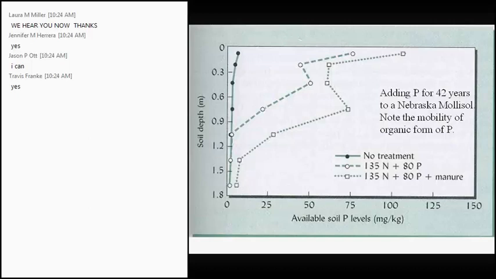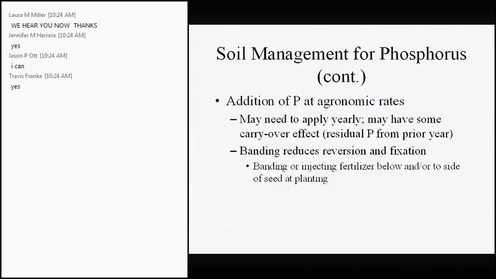So if you're using organics, be cautious of applying. Make sure you have a good idea of what the nutrient sources are in that material. You need to know the nitrogen, phosphorus, and potassium, but especially the nitrogen and phosphorus in that material. In addition, what we try to get people to do is put the phosphorus out at what we call agronomic rates.